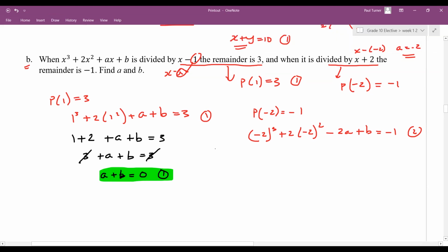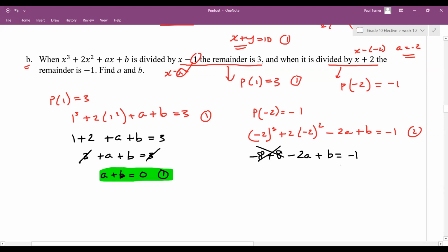So for this side, minus 2 cubed is minus 8. Minus 2 squared is 4. 4 2s are 8. Minus 2a plus b equals minus 1. So we still have more to do. Minus 8 plus 8, gone, cancel.